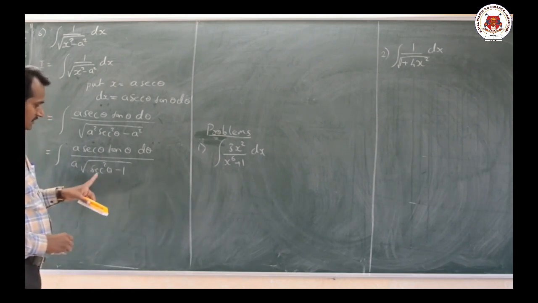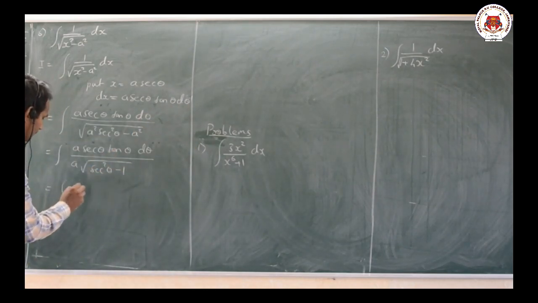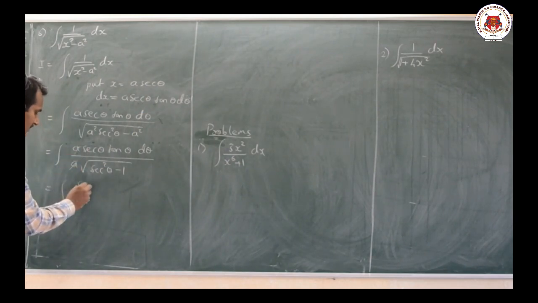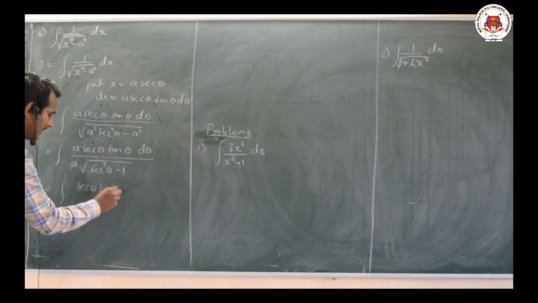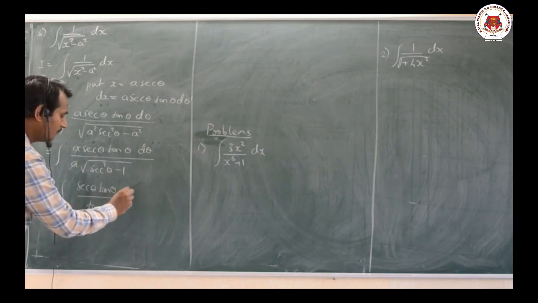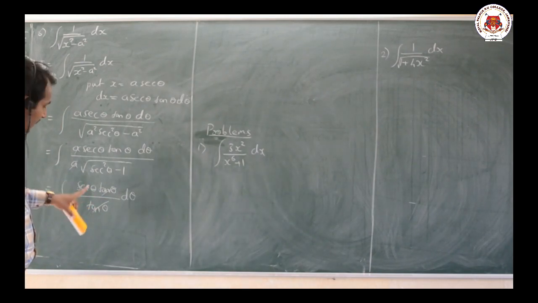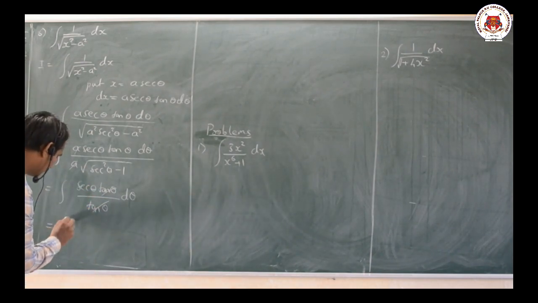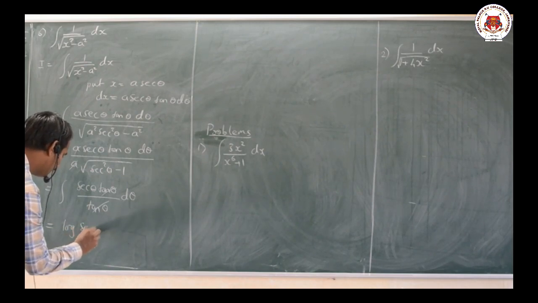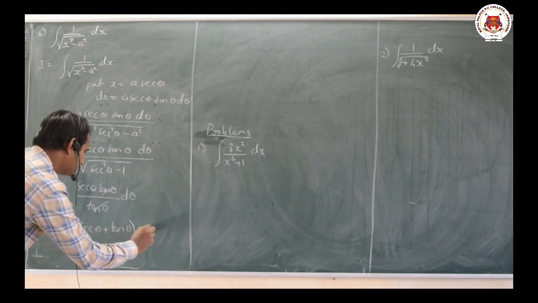Here secant square minus 1, just now we said, is tan square. So a gets eliminated, and we have integration of secant theta tan theta whole divided by tan theta into d theta. Here the integration of secant theta is log of secant theta plus tan theta, plus an integral constant c.